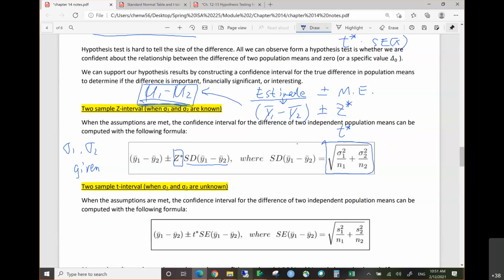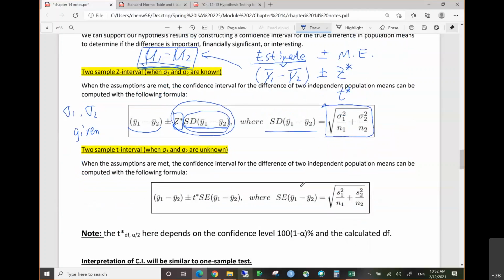So that will be the formula for the confidence interval of the difference between two population means. We use the estimate plus minus the margin of error, where the standard deviation of y1 bar minus y2 bar. Okay, so here be careful. This is a notation. This is not the standard deviation times y1 bar minus y2 bar, where this standard deviation of y1 bar minus y2 bar equals the square root of sigma 1 squared over n1 plus sigma 2 squared over n2.